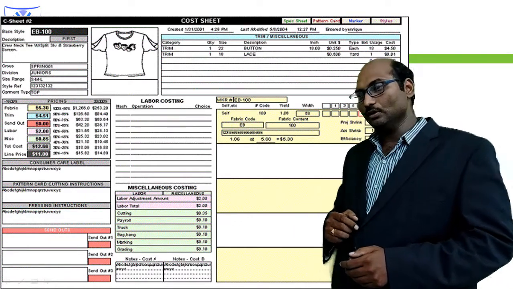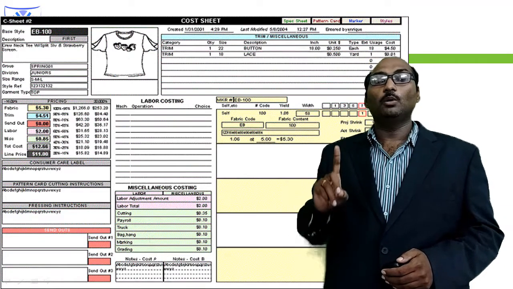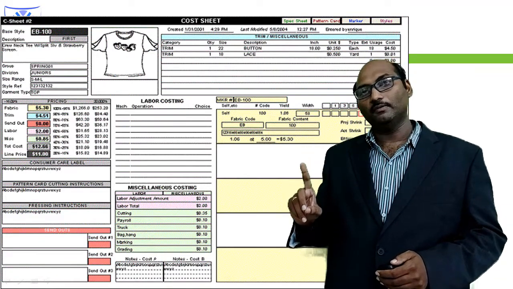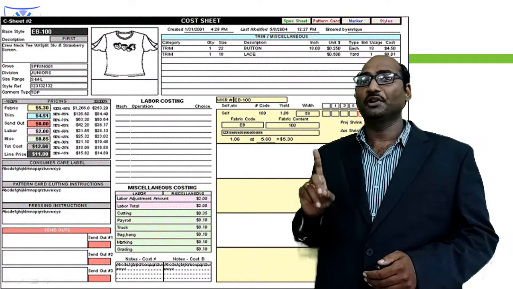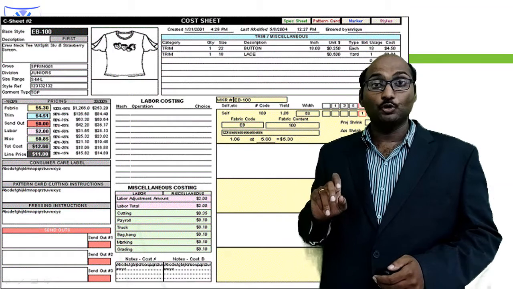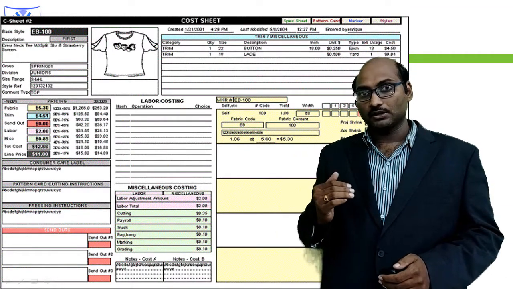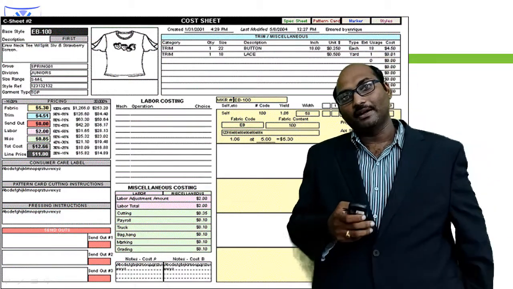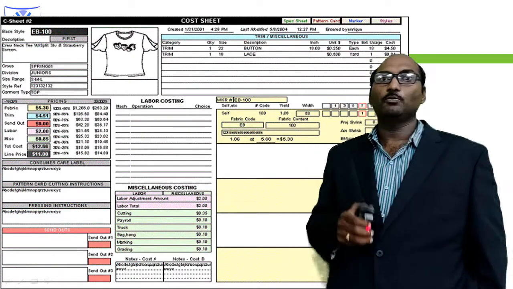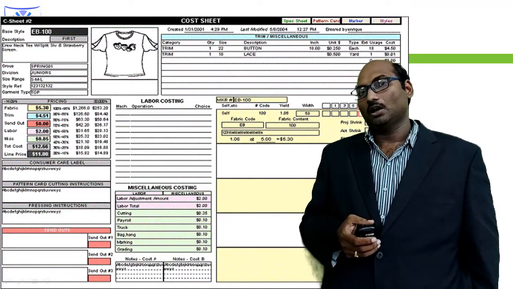Again, I am repeating, the cost sheet is one of the most important things in terms of the business of the apparel industry, which is very much required, and which should not be very high or very low. If the price we are quoting from the manufacturer to the buyer is too high, obviously they will not give us the order.